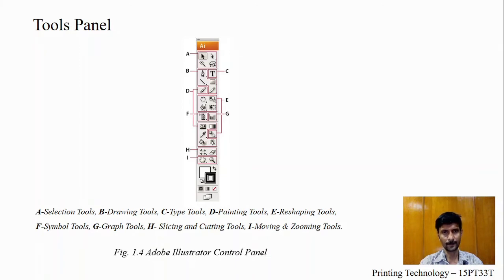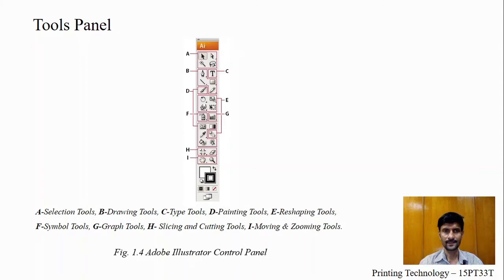Next we have painting tools, which are used to create stroke effects, background effects and some colorful work. Next we have reshaping tools, which are used to give a blend effect to the created artwork.